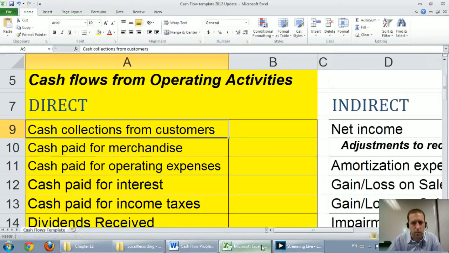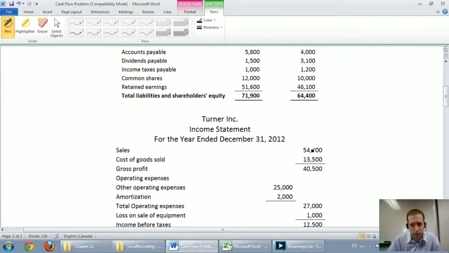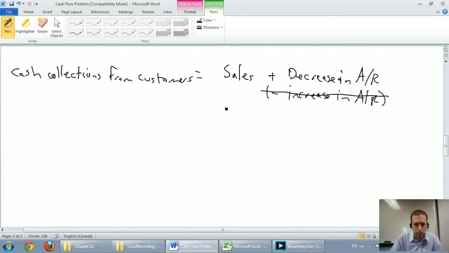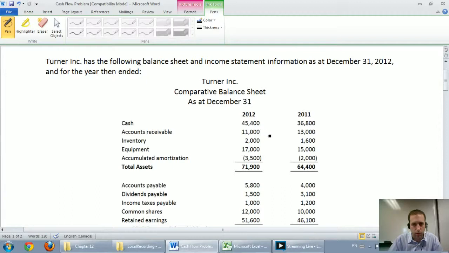So let's take a look at our problem. Oops, back to the problem rather. Our company's sales was $54,000. So I'm just going to note that. Sales $54,000. Decrease in AR, accounts receivable, went from 13 to 11. It did decrease, so it's going to be decreased by 2,000. 13 last year, 11 this year.